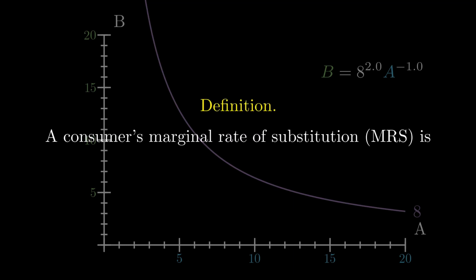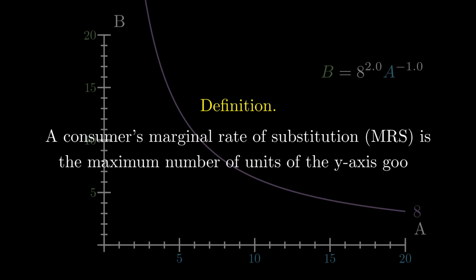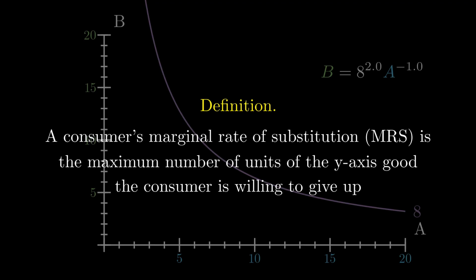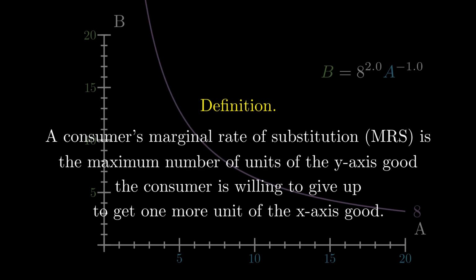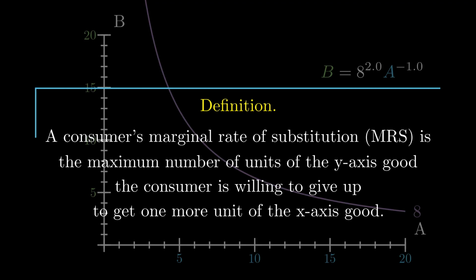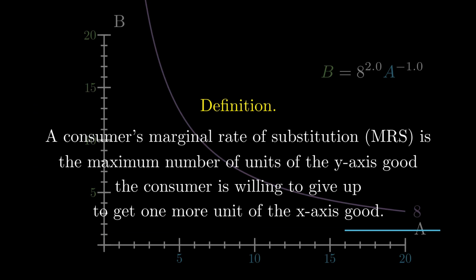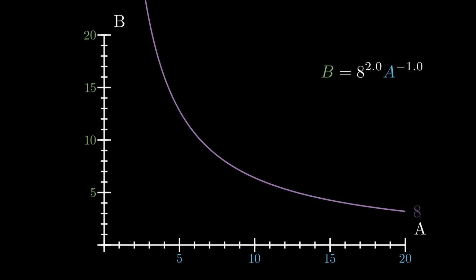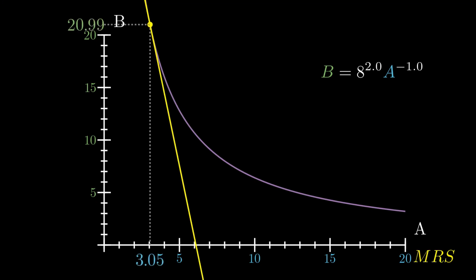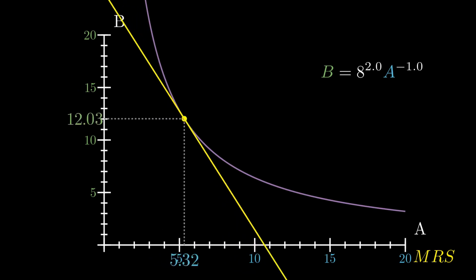A consumer's marginal rate of substitution is the maximum number of units of the Y-axis good the consumer is willing to give up to get one more unit of the X-axis good. An indifference curve tells us if we add one more unit of the X-axis good, how much of the Y-axis good the consumer can give up and still be no worse off. Put this another way, the marginal rate of substitution is the slope of the indifference curve.